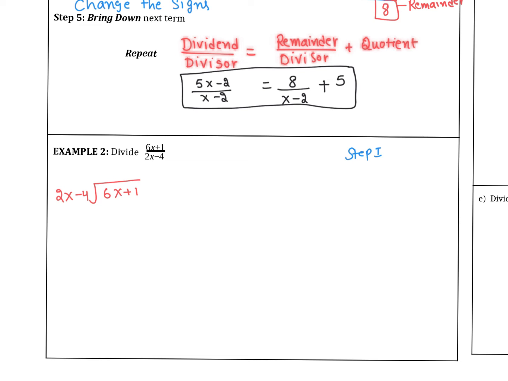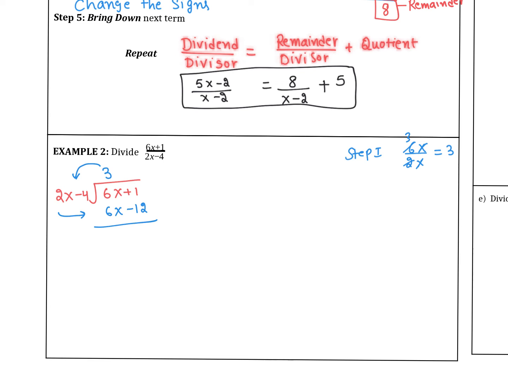Or you can find it through the step here where you divide 6x by 2x, and you can tell that it's going to be 3. Either way, when you multiply 3 with this factor, you're going to get 3 times 2x is 6x, 3 times negative 4 is negative 12.